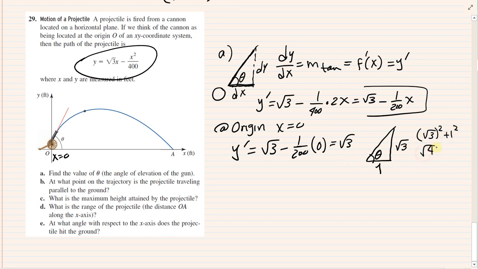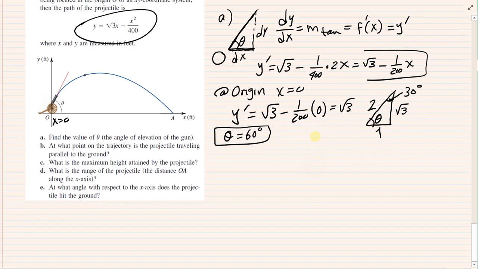And square root of that is going to be distance d, the hypotenuse, or 2. So this is a 1, 2, square root of 3 triangle. It's one of your special triangles from trigonometry, right? And in fact, that's your 30, 60, 90 triangle. That angle is 30, and theta is going to be 60 degrees, right?